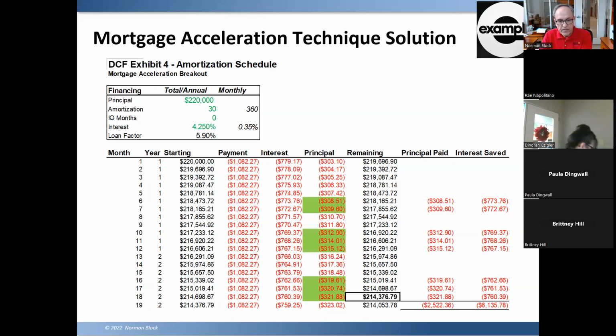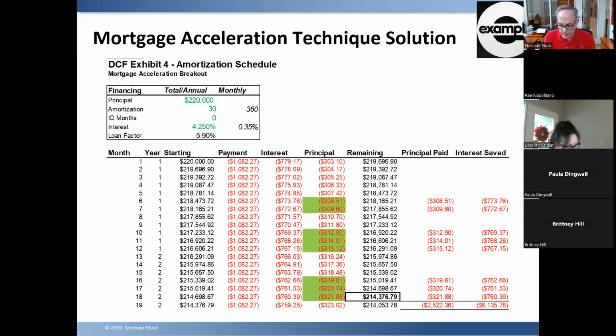And when we pay 15, we prepay 16, 17, and 18. What you'll see is that the extra principal that we paid over this time is $2,500, but we've saved over $6,000 in interest never to be paid.